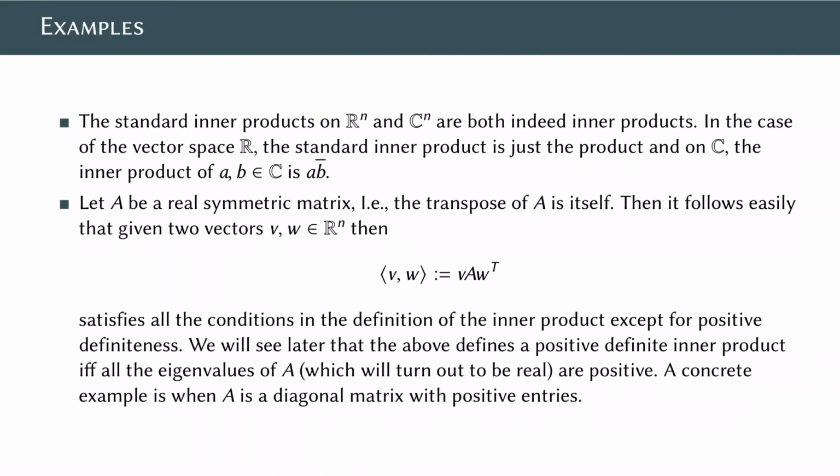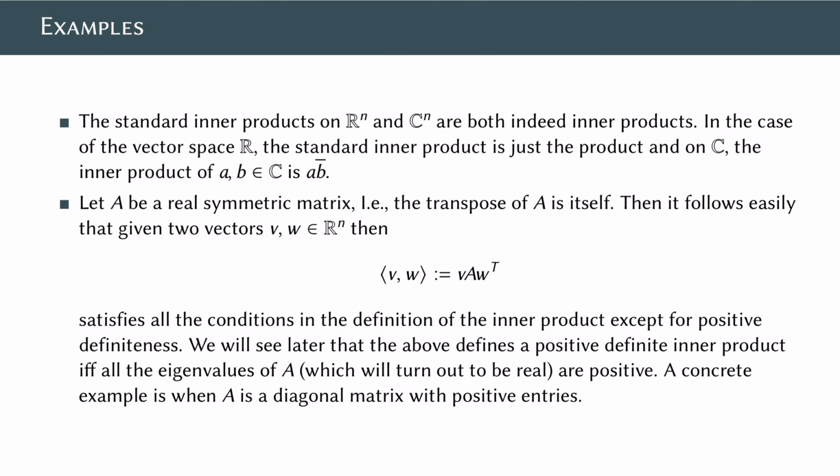Let's see some examples. You should check now that both the standard inner products on Rn as well as Cn are indeed inner products. Otherwise, this entire theory is sort of meaningless. We began with the dot product and said that inner products are extensions of the dot product. So please check that the standard inner products on Rn and Cn are both inner products.